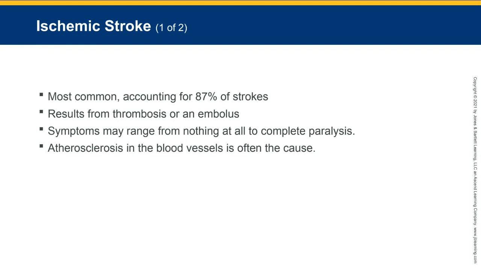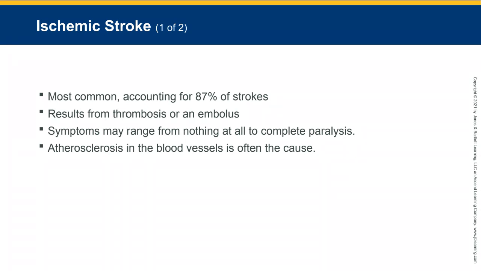Over time, it hardens. That's arteriosclerosis. And then the pressure can rip off a piece of the plaque and it plugs the artery. That's a thrombosis. An embolus is simply a clot that travels. That's what an embolus is.